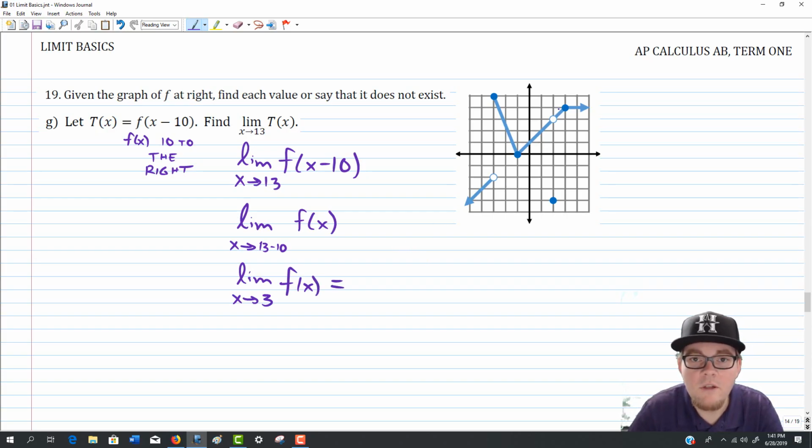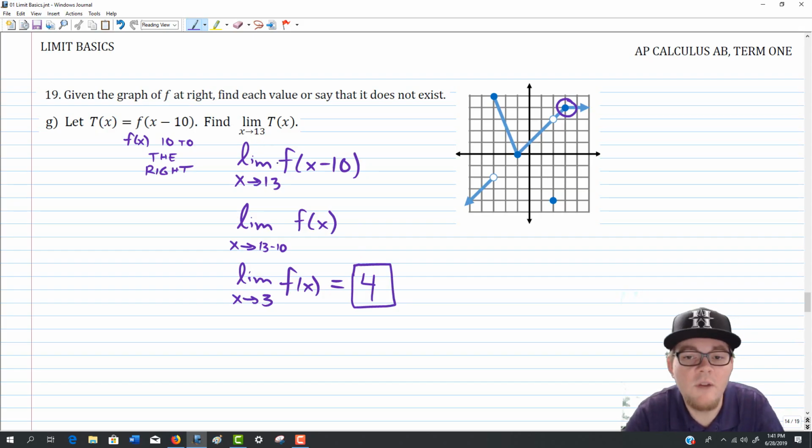Looking at our picture, as x approaches 3 from both sides, y is approaching 4, which means this limit is equal to 4. And it's the same for our function t of x, the transformed version f of x minus 10, that would be approaching 4 as well.